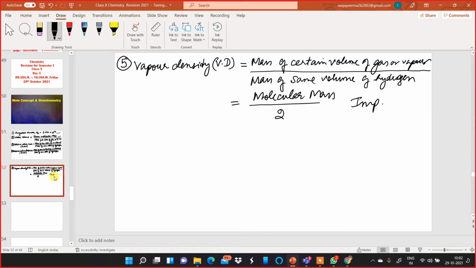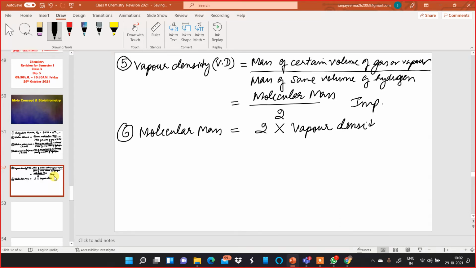Vapor density, you can say the sixth formula is like this. Molecular mass is equal to twice into vapor density.